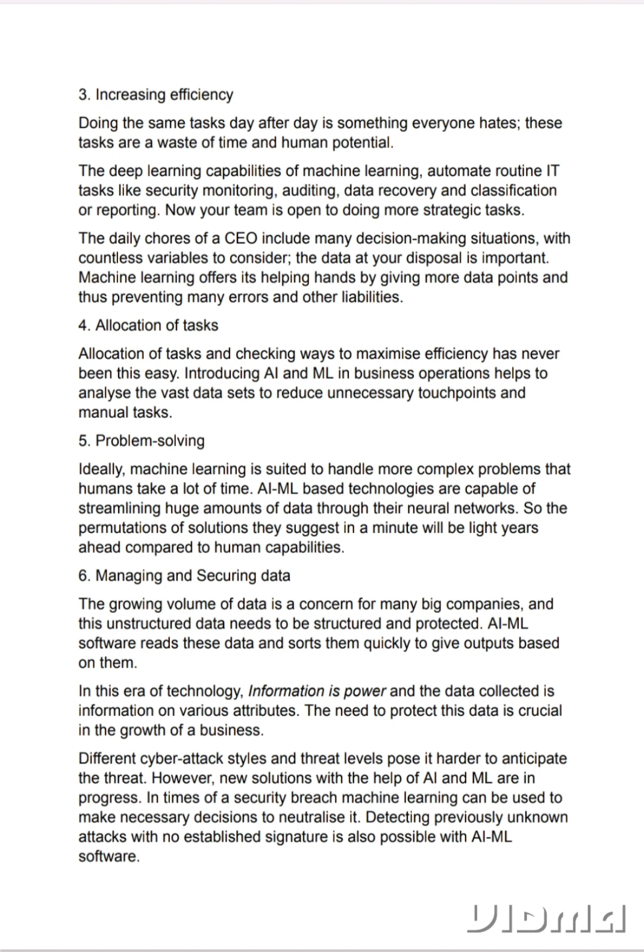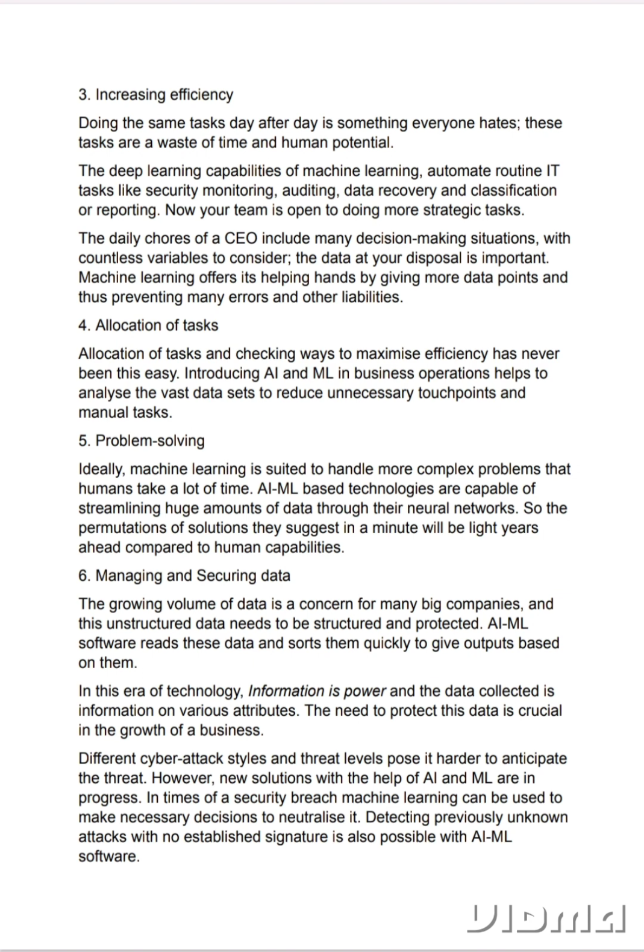Now your team is open to doing more strategic tasks. The daily chores of a CEO include many decision-making situations, with countless variables to consider. The data at your disposal is important. Machine learning offers its helping hands by giving more data points and thus preventing many errors and other liabilities.